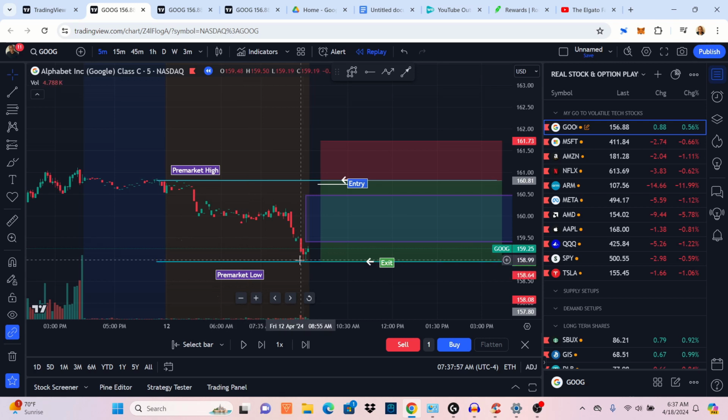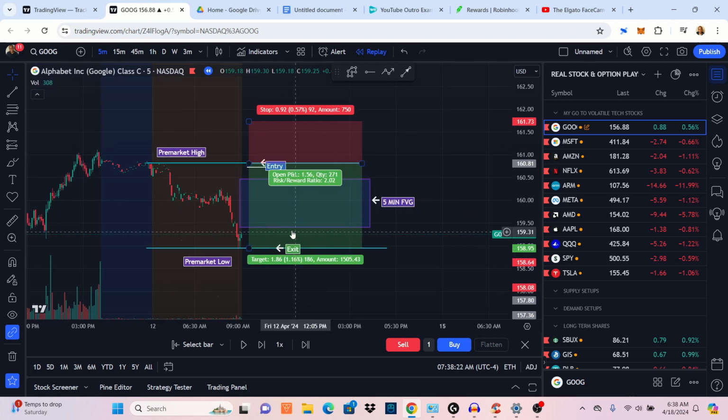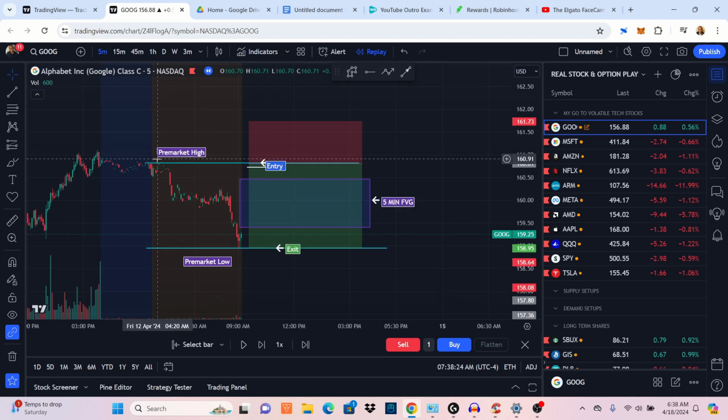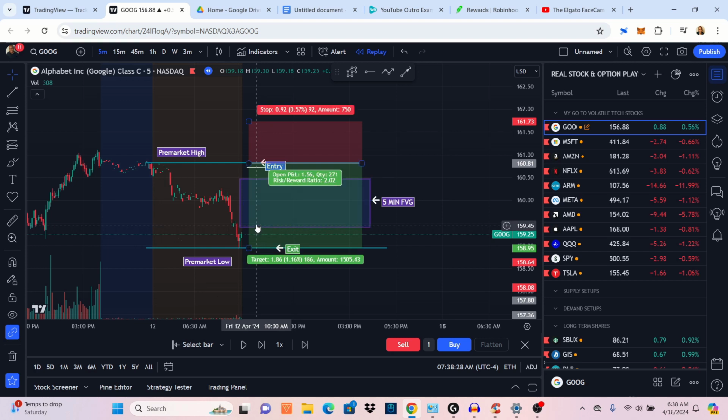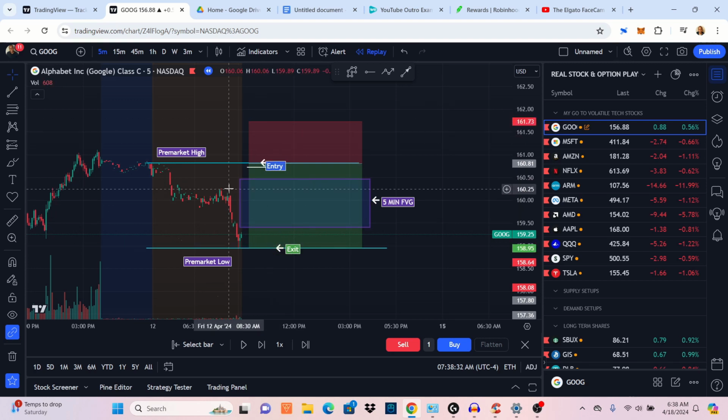So this is your pre-market low. Now remember what I said. When you're in the pre-market zone, many shorts are located in that position. So you want to wait until these shorts get taken out, or what we like to call swept, before entering a short position.